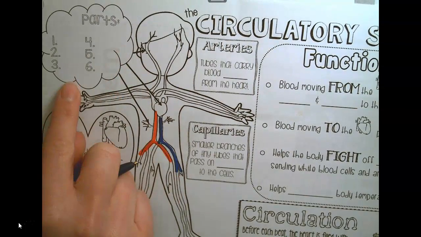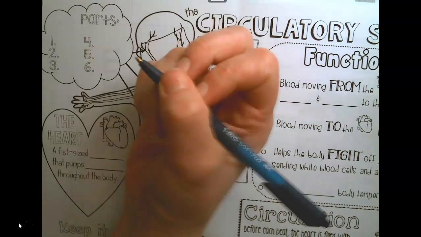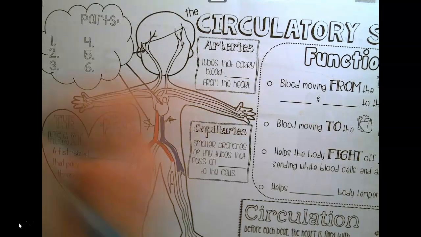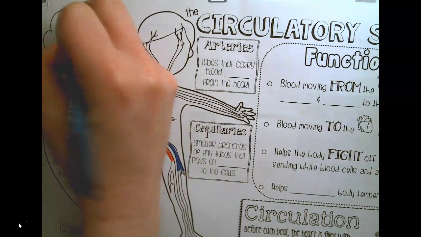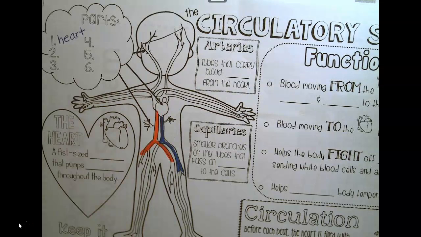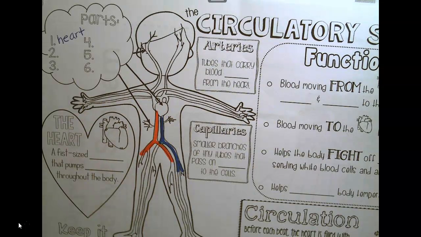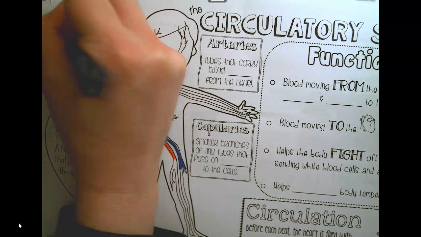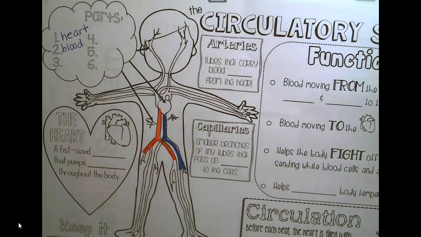All right, parts. They didn't give us a lot of space to write here. But parts of the circulatory system, obviously the first thing that comes to my mind is the heart. That's a big, crucial part of the circulatory system. Blood. That is the substance that's being circulated throughout the body.